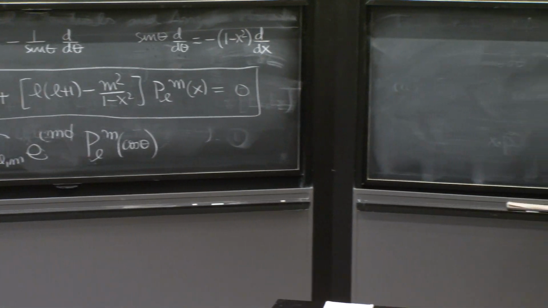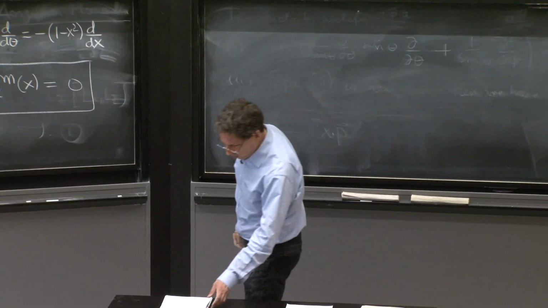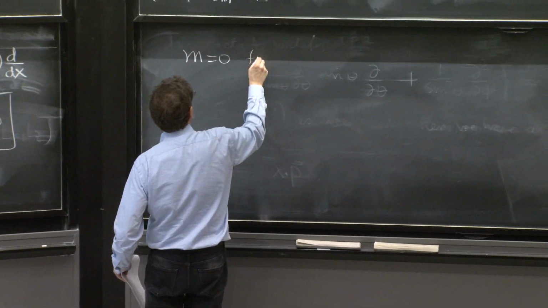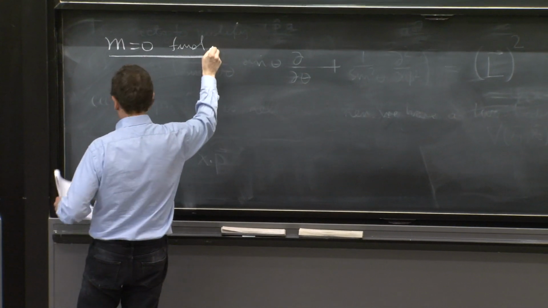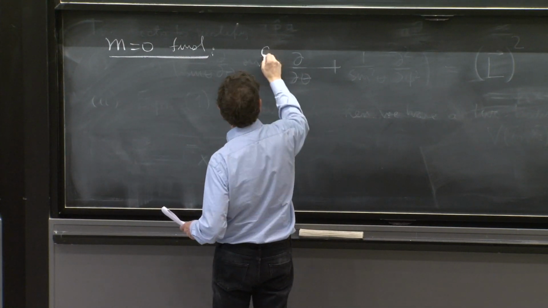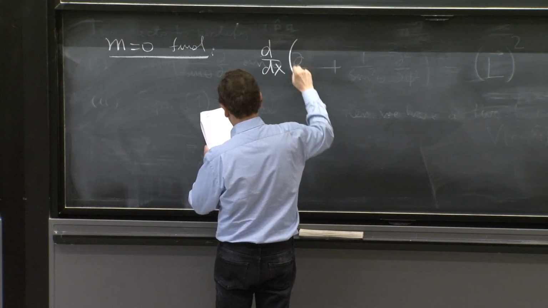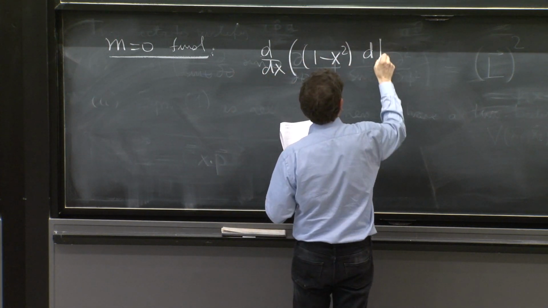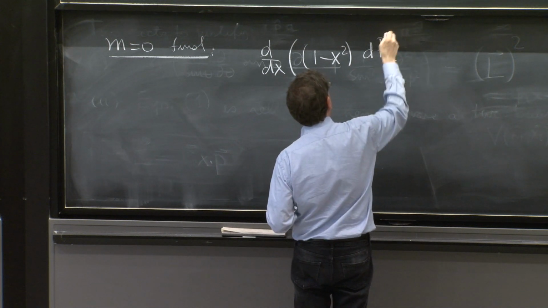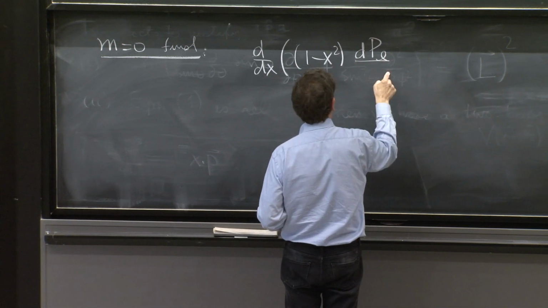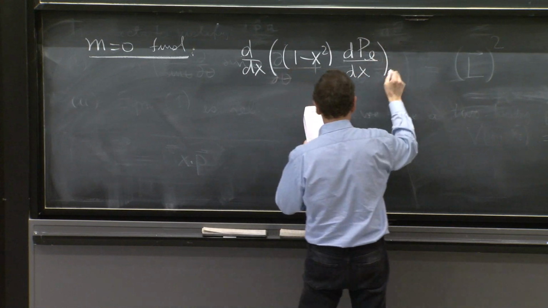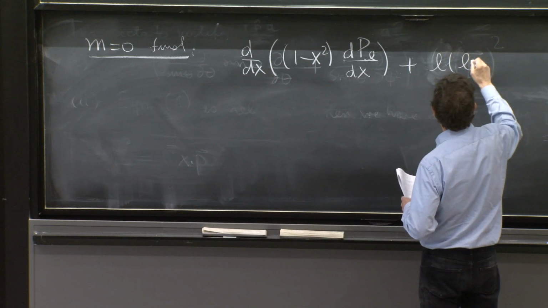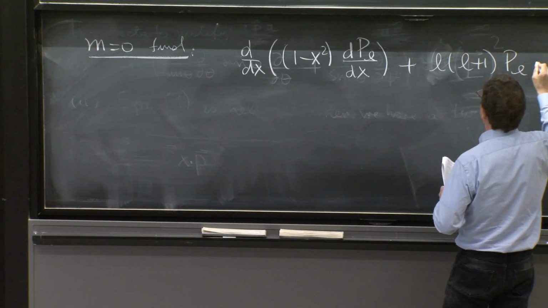When m equals 0, the differential equation becomes d/dx of (1 - x squared) dP_L0/dx, but P_L0 people write as P_L, plus L times L plus 1, P_L equals 0.